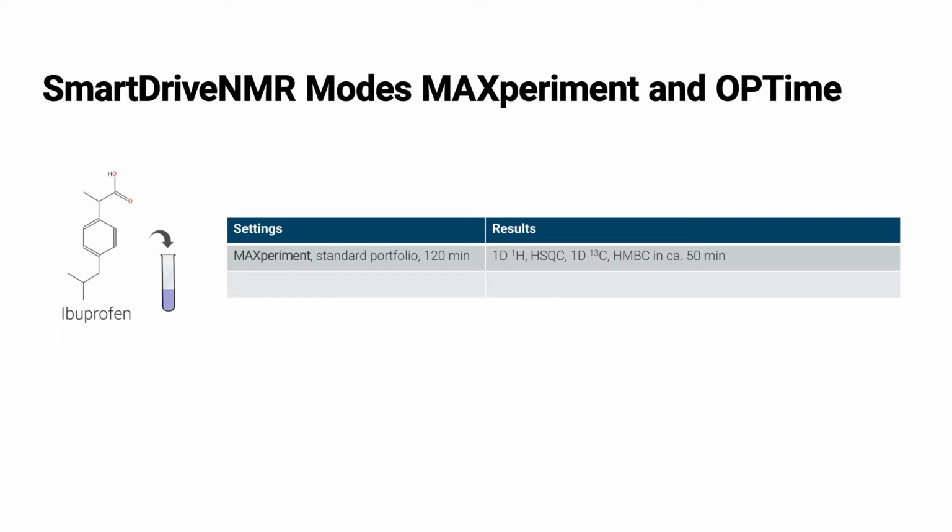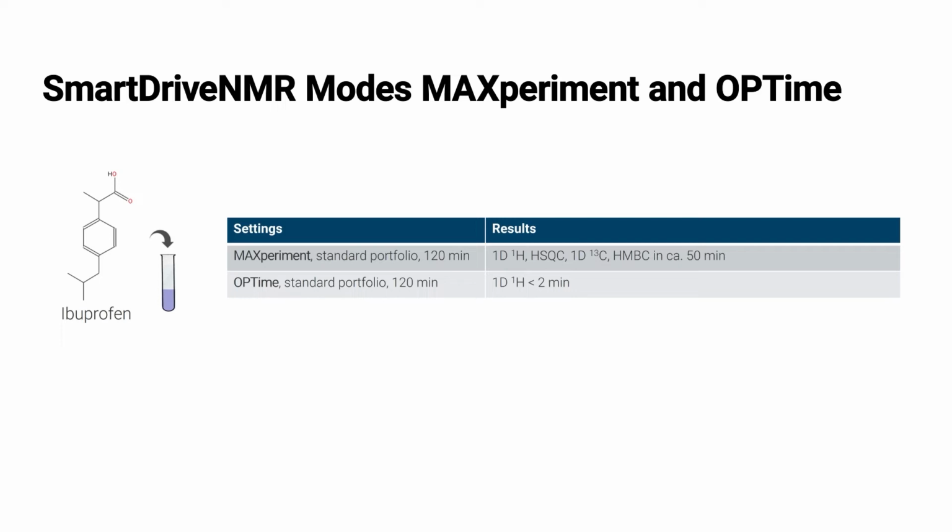The result will be that the full portfolio is carried out. So proton, HSQC, carbon, and HMBC, this will take about 50 minutes. If one starts the same sample with uptime, the result is quite different. Here in uptime, we will only get the proton experiment.